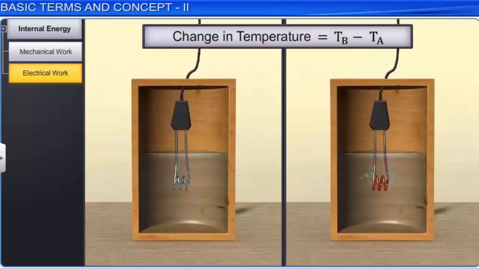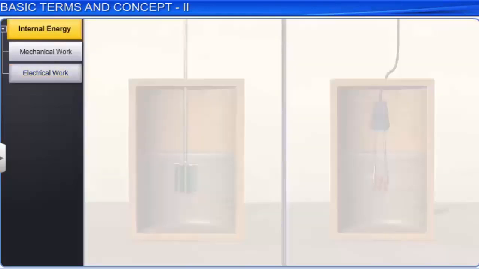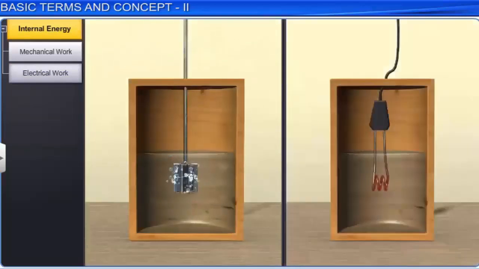Hence, the change in internal energy, delta U, equals Ub minus Ua. Thus, internal energy changes to the same extent either by doing mechanical work or electrical work, which indicates that it is independent of the manner in which the change is brought about. Therefore, internal energy is a state function.